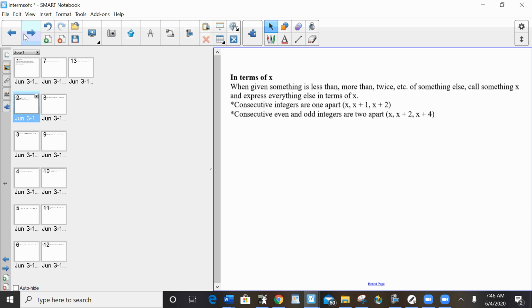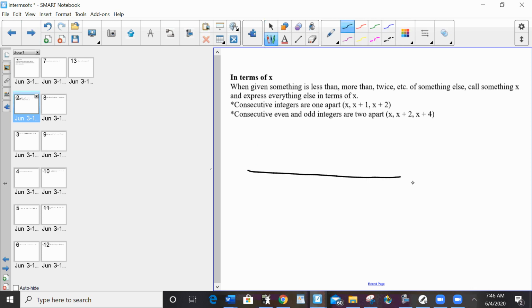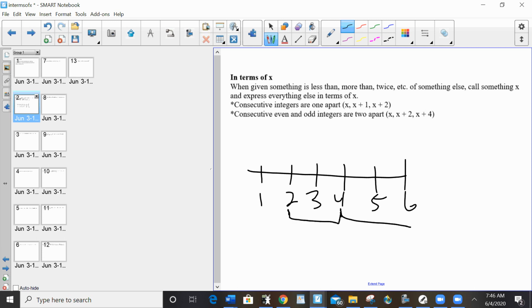If you see a problem talking about consecutive integers, they are always one apart. So the first one we call x, and since they're one apart, we add 1 to each consecutive one. And if we have even or odd integers, if we're looking at a number line here, consecutive even integers, for example 2 and 4, 4 and 6, are 2 apart.